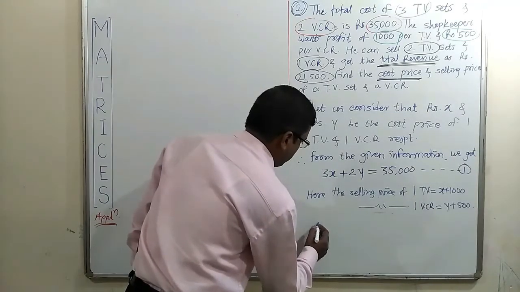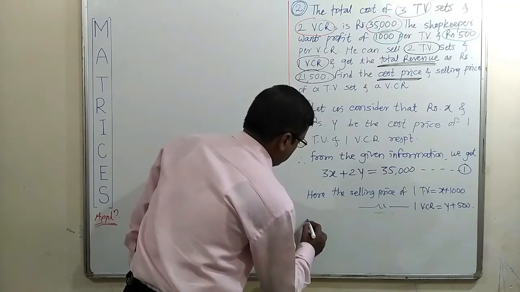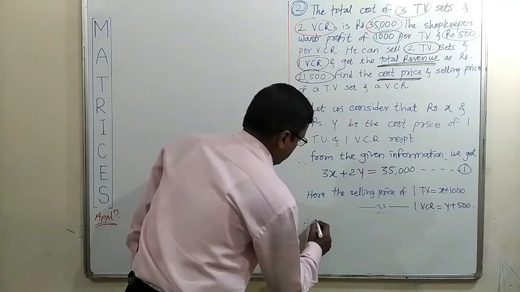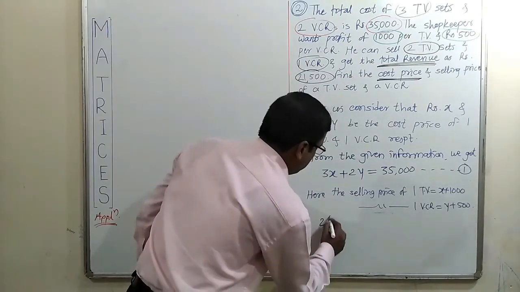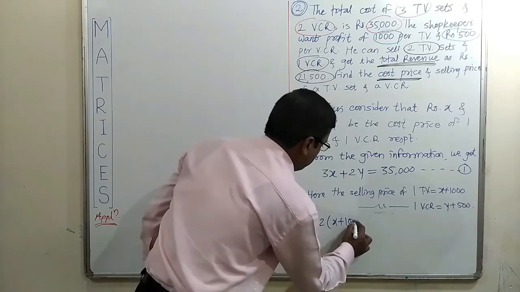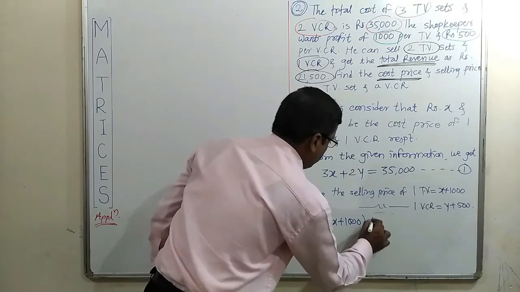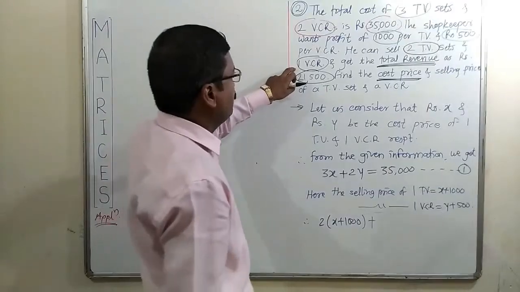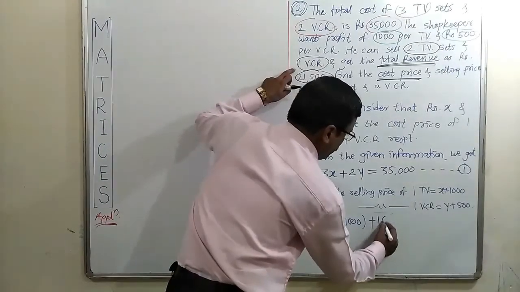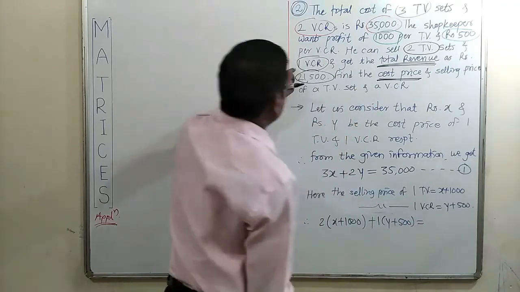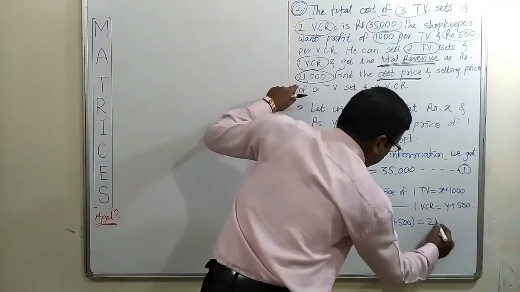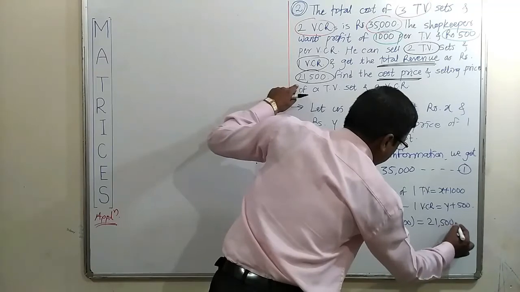Therefore, we get 2(x + 1000) + 1(y + 500) = 21,500.